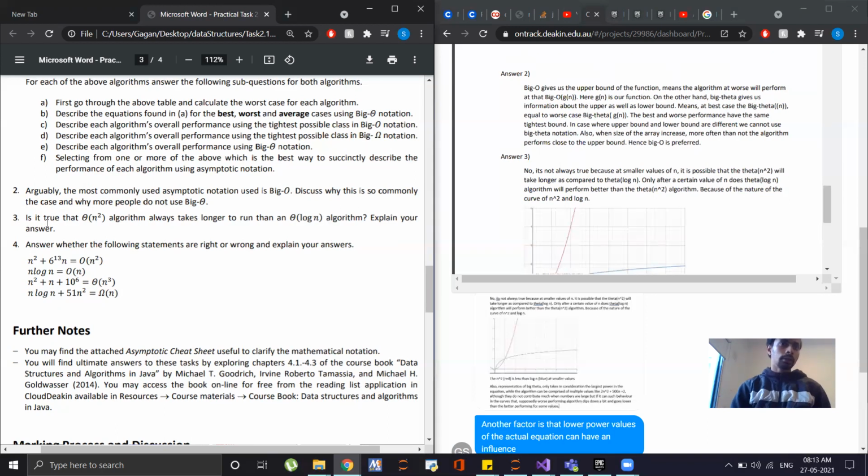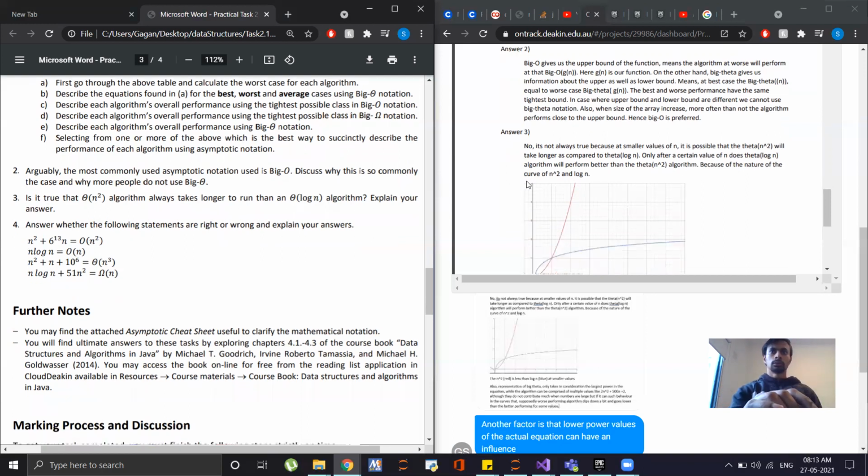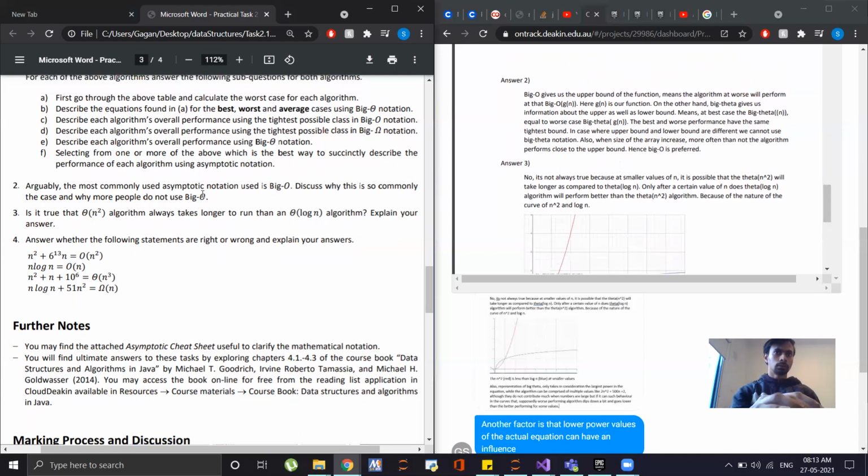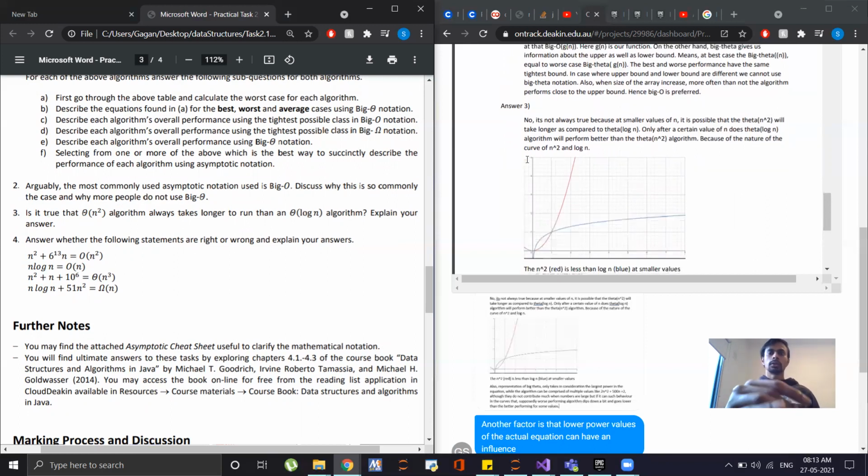Is it true that theta n square algorithms always take longer to run than theta n algorithms? No, it's not always true.